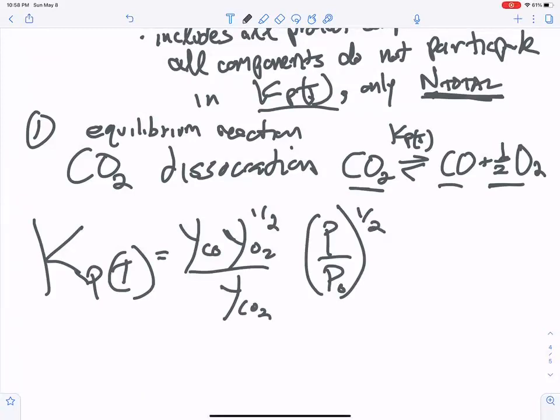In this case, the products are raised to the 1, plus it's raised to the 1/2, and then the denominator is raised to the 1/2, so that's a minus.